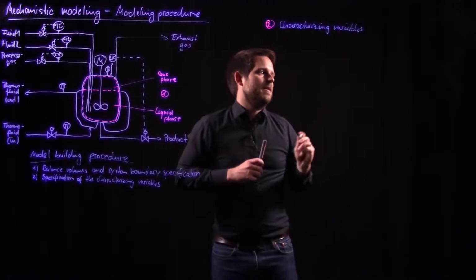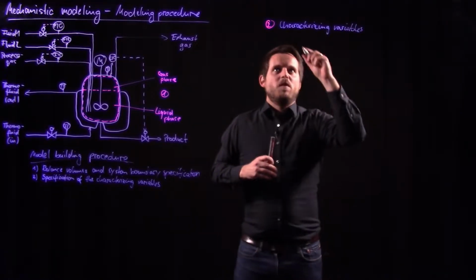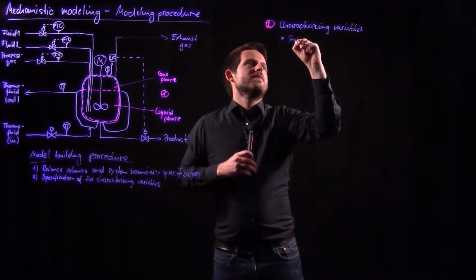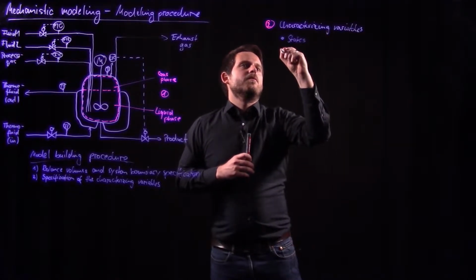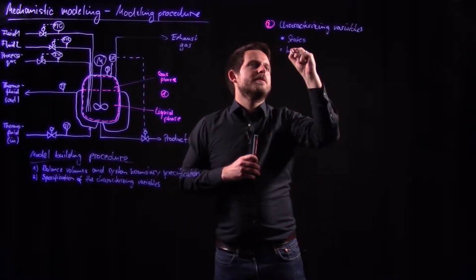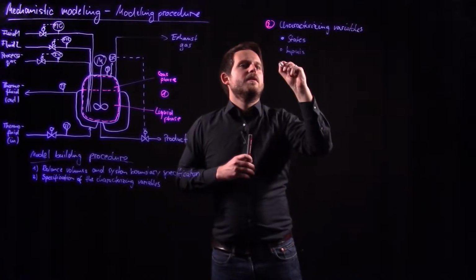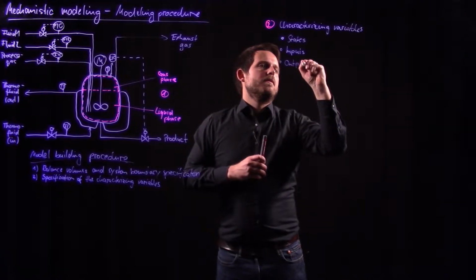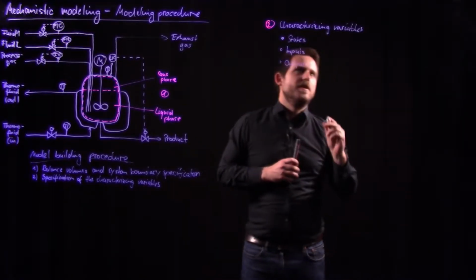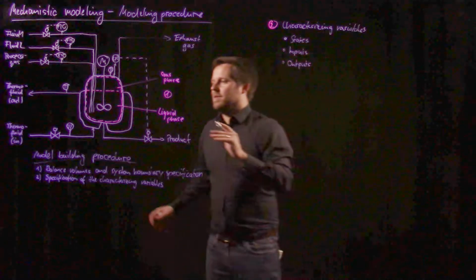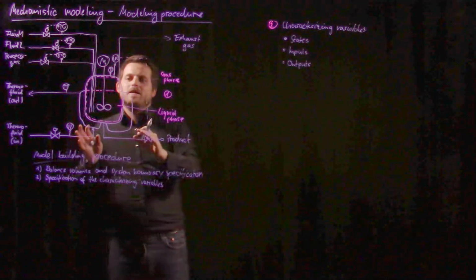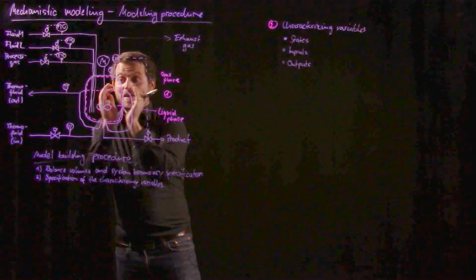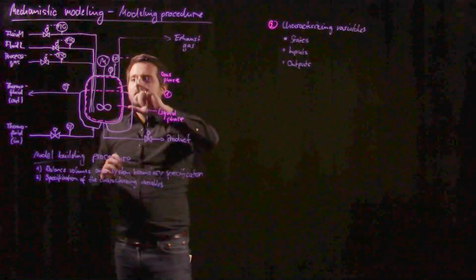And there are, for the most part, three types. The first one are the states in the system. The second one are the inputs of my system. And the third one might be the outputs of my system. So if we look into our example system on the left side, the states are describing in what state the system is. So what might that be?